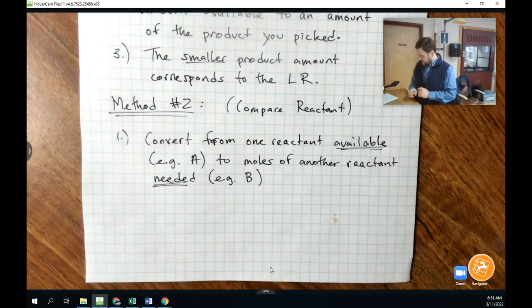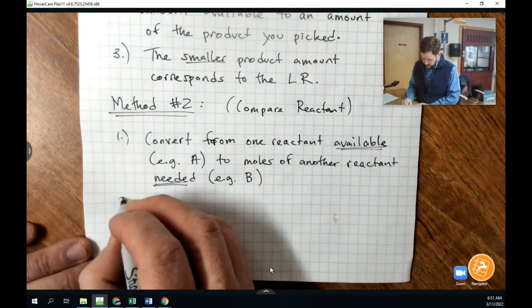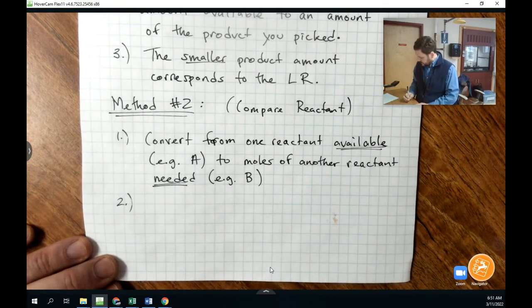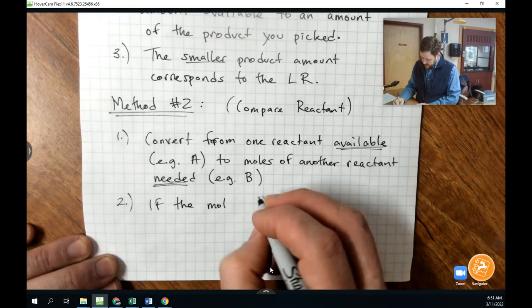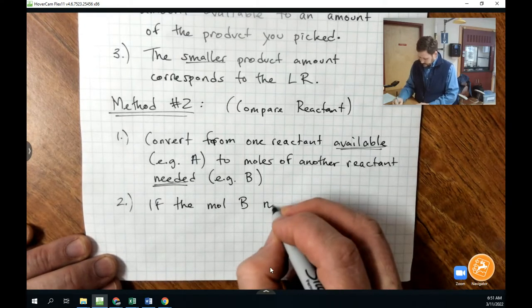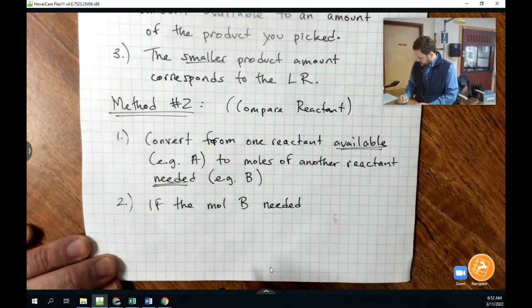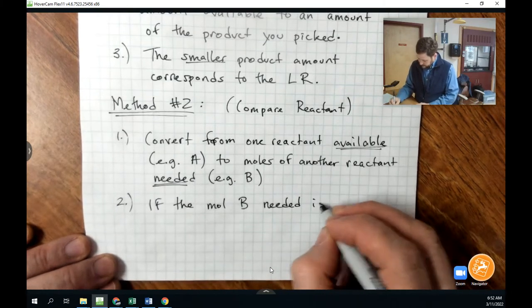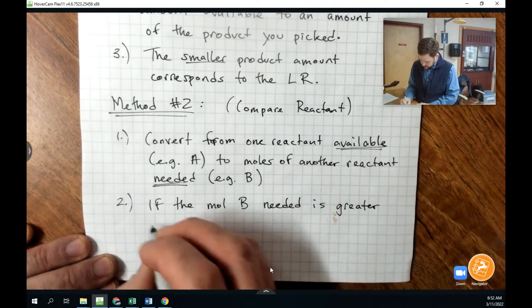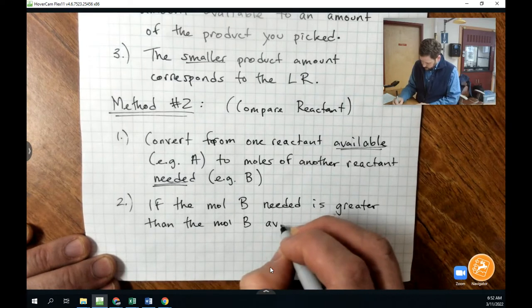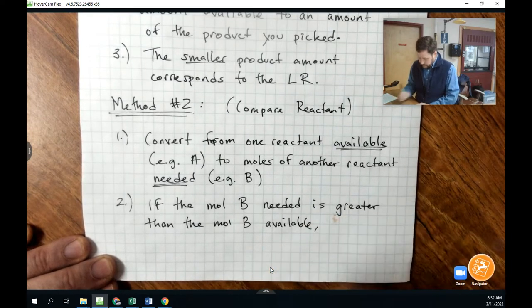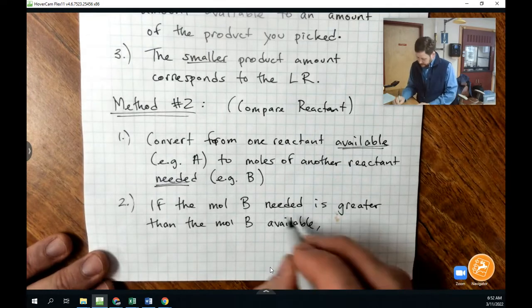Now we're going to compare the amount of moles of B needed to the amount of moles of B available. And that means your other amount will need to be converted to moles as well if it's not already given in moles. But if the moles of B needed is greater than the moles of B available, then let's see if you can finish that sentence.